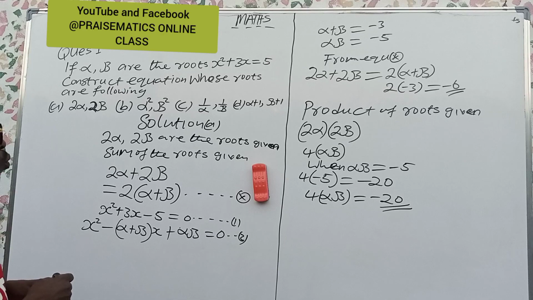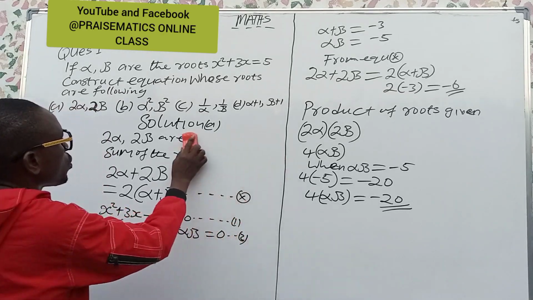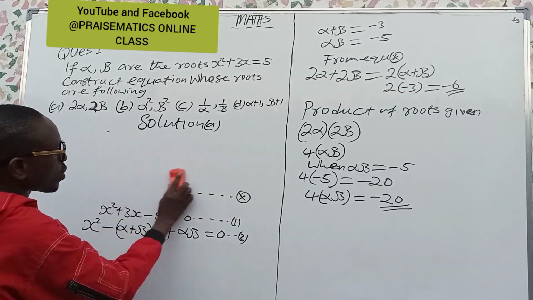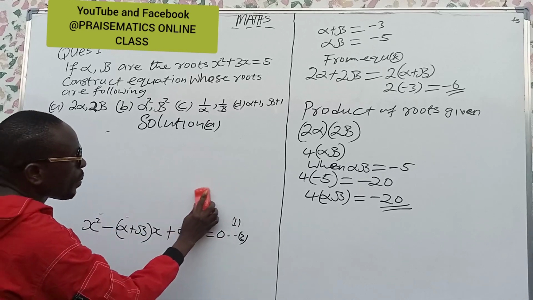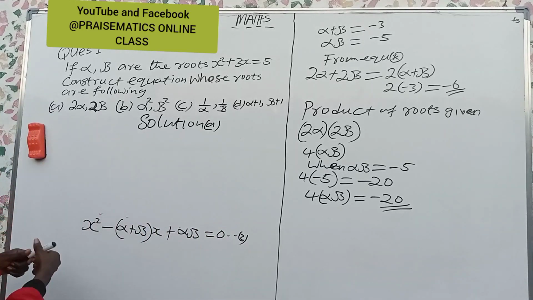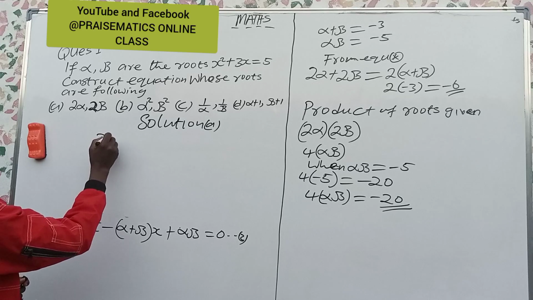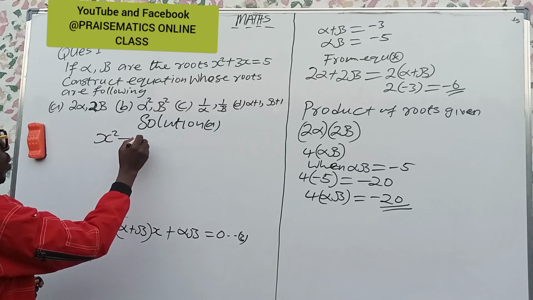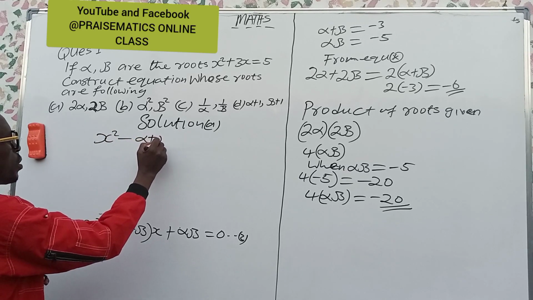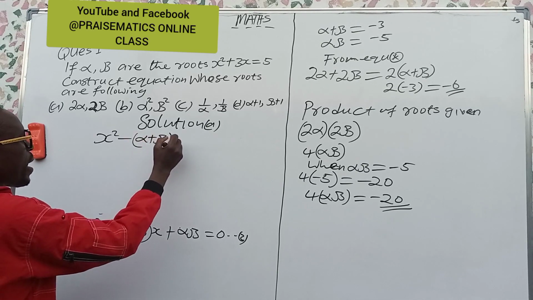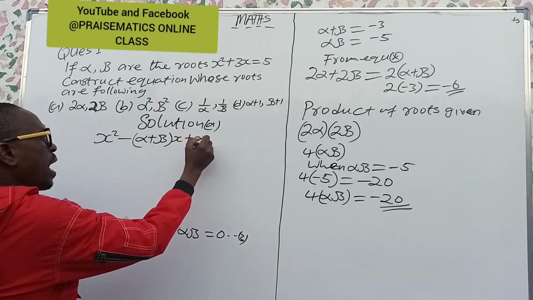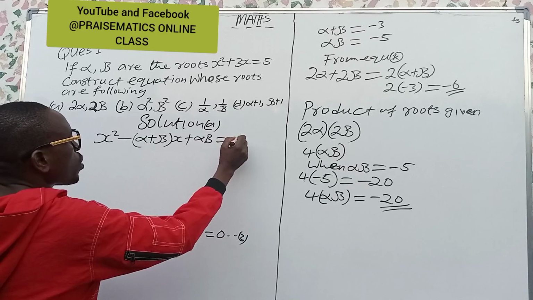For us to form the new quadratic equation, we need to substitute them back into the formula. Always remember that x squared minus the sum of the roots times x plus the product of the roots is equal to 0.